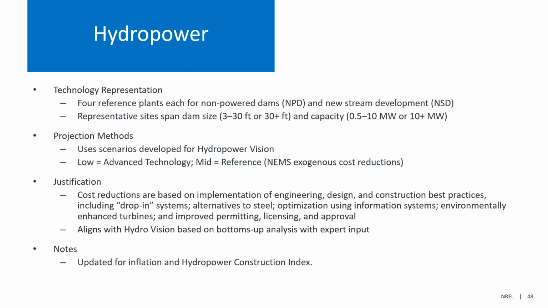Also, alternative materials, optimization using information systems, developing turbines that avoid environmental impacts, and improving the permitting, licensing, and approval process. So these are the justifications for the vision for low technology cost for hydropower going into the future.